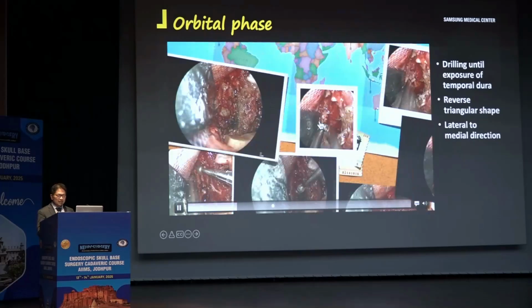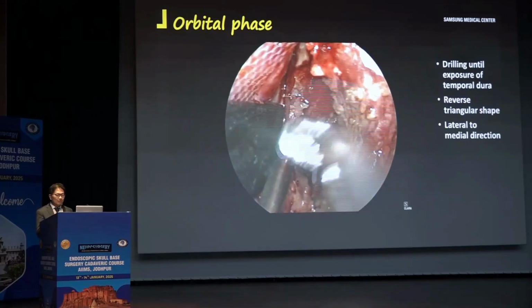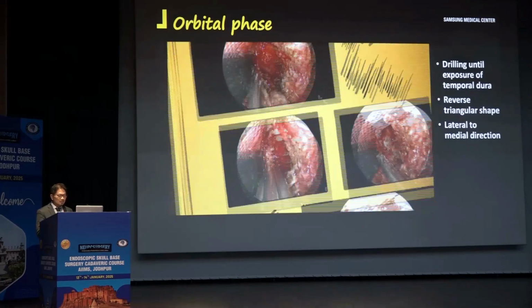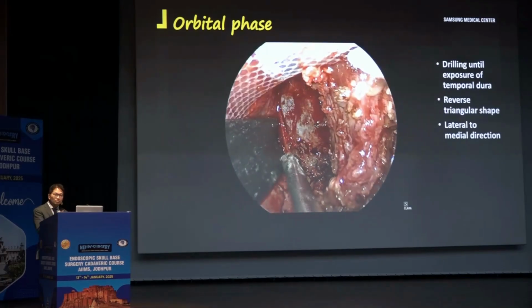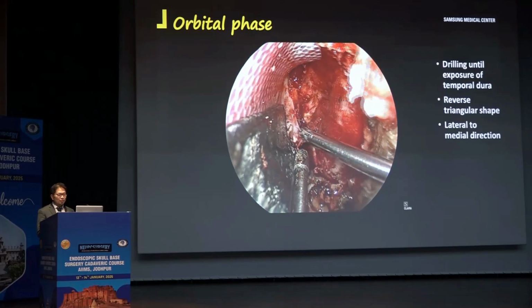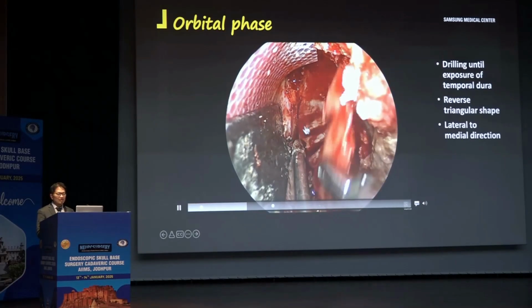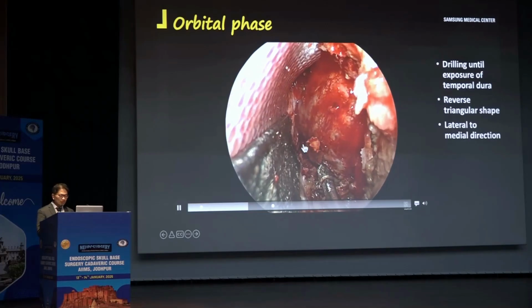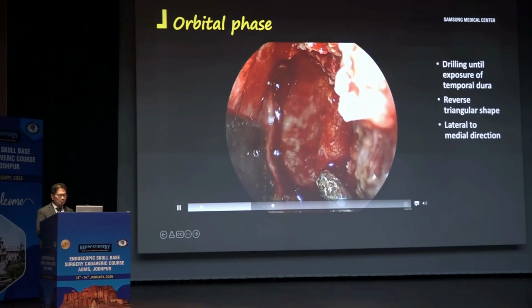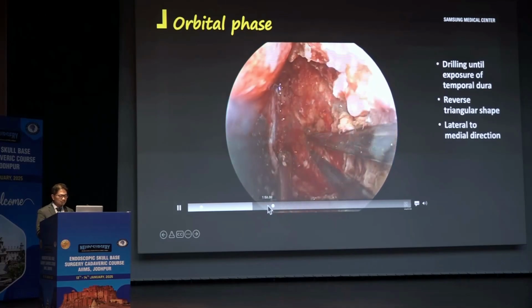And then once the temporal dura is exposed, we can retract the medial part of the temporal lobe. It's a very simple technique. And sometimes the preoperative lumbar drainage makes the surgery much easier. And finally, we have to remove the sagittal crest, the medial part of the greater sphenoidal wing, the temporal dura, the periorbita, and maybe the meningo-orbital band is here.